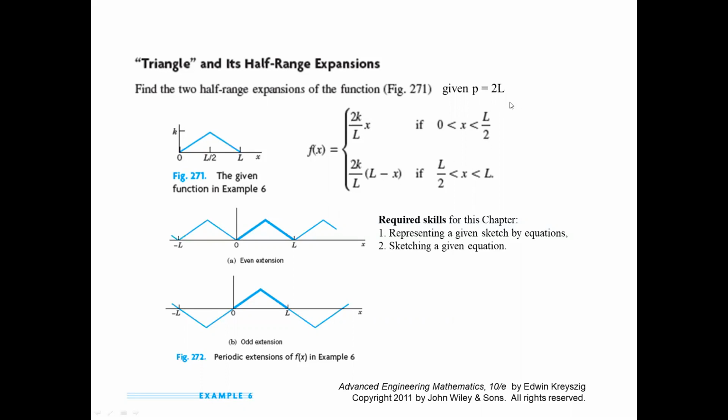If we know the period is 2L, then we do not know what happened to the other side. We don't know how it repeats itself. So this type of function is called a half-range function.